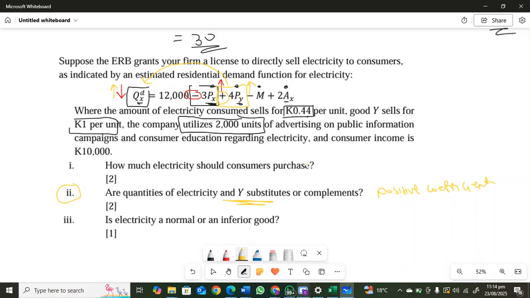If the price of good Y goes up, people substitute good Y with good X, electricity, and therefore the quantity demanded of electricity goes up.